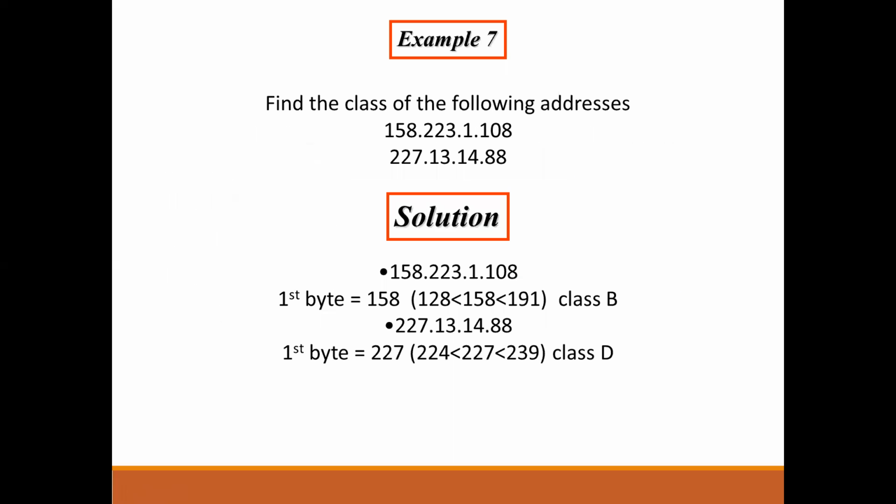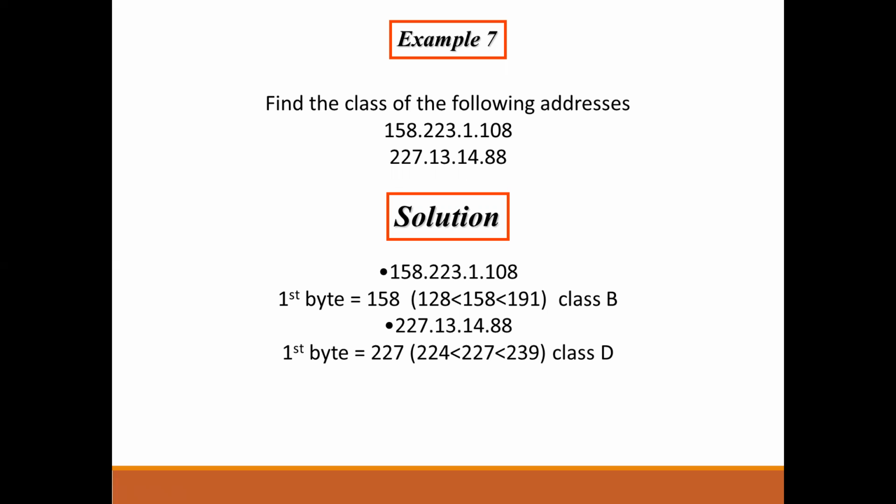So here we have seen in this video the IP addressing, what is meant by IP address, then the IP address space. Then we have seen the two versions, IP version 4 and IP version 6, where IP version 4 is 32 bits long and IP version 6 is 128 bits long. Then we have seen the representation of the IP address, in binary notation as well as dotted decimal notation. Then we can find out the class of that IP address.